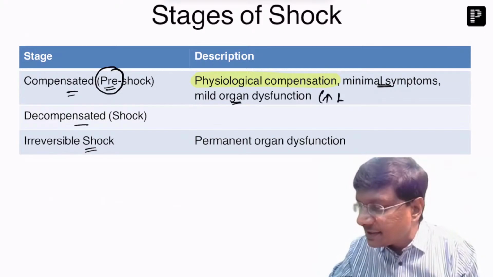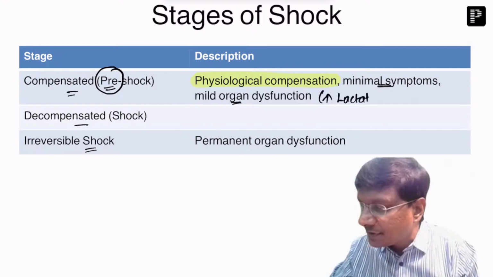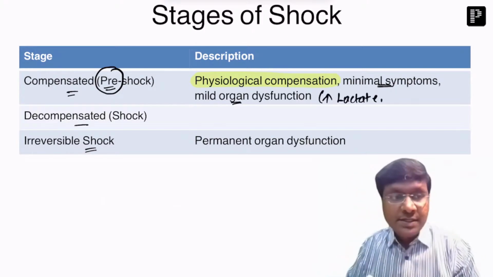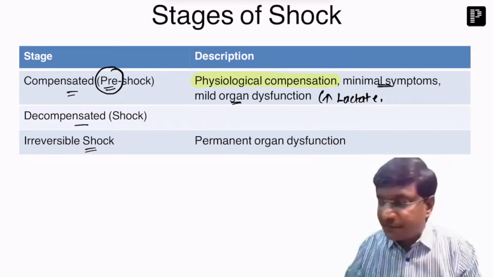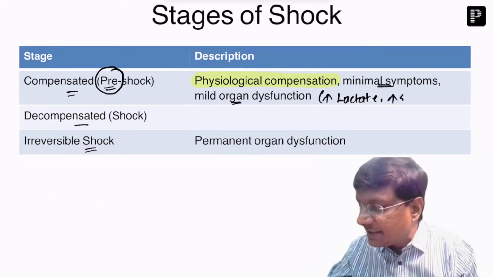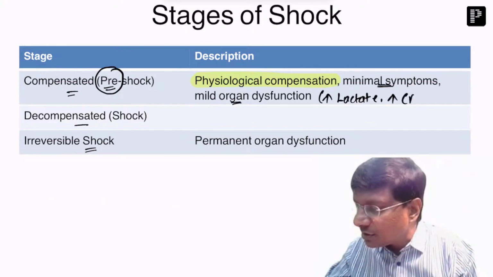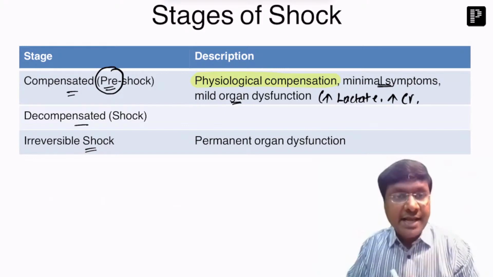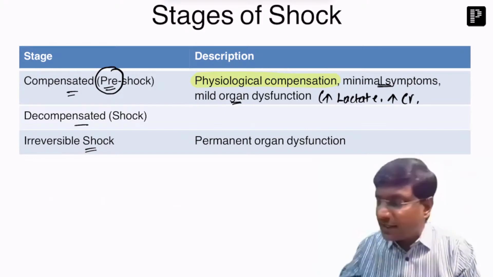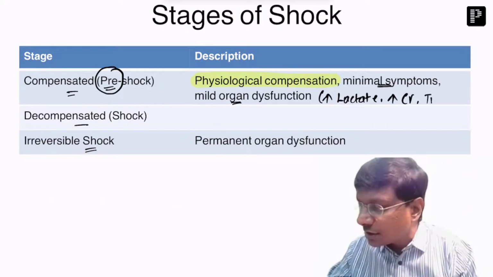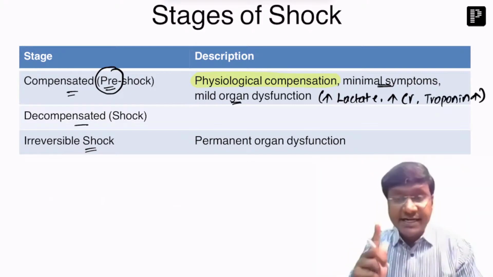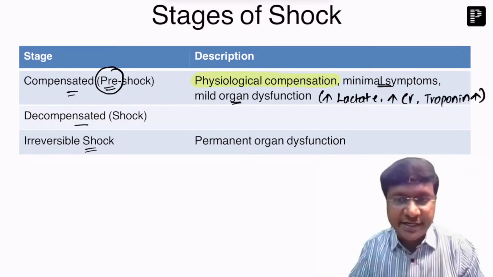There will be an increase in the lactate levels because of anaerobic metabolism. And there is decreased renal perfusion. That is the reason why there will be an increase in serum creatinine because of pre-renal kidney injury. And at the same time, there will be myocardial injury in case of cardiogenic shock. The troponin levels will be elevated. That is what you will notice in compensated shock.